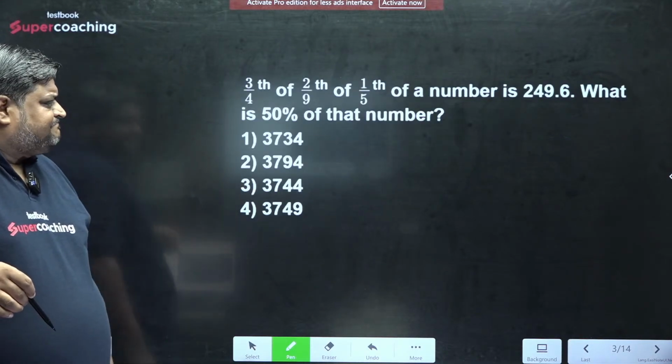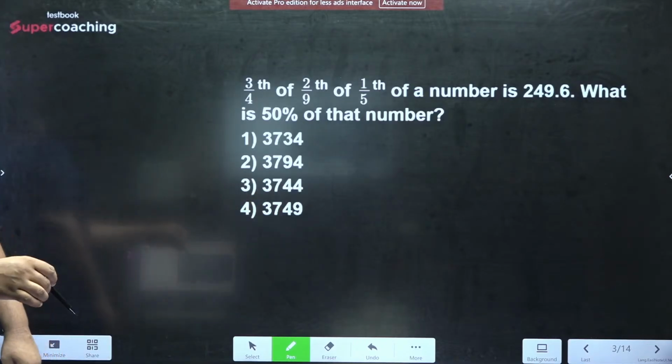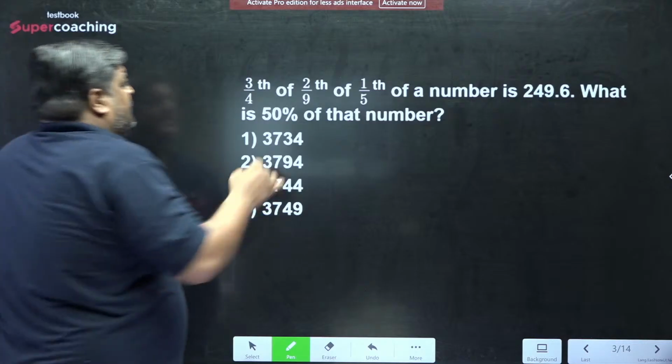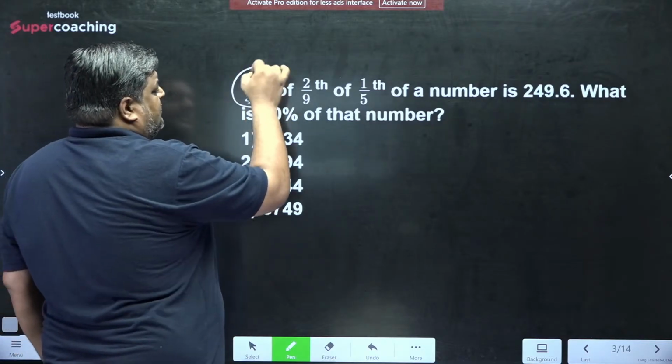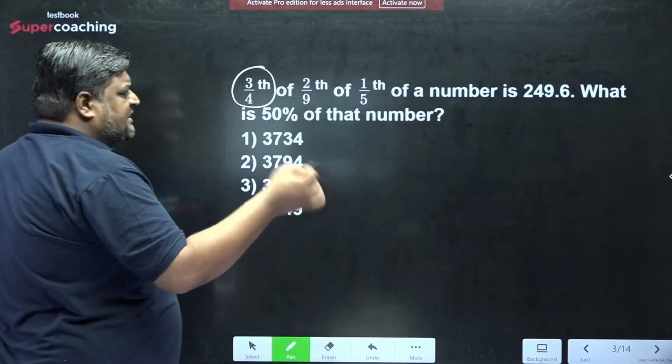Moving to the next question. This one. So we'll solve this directly. इसके लिए I am not giving you any time. 3/4 of 2/9 of 1/5 of a number is 249.6. Let the number be n.